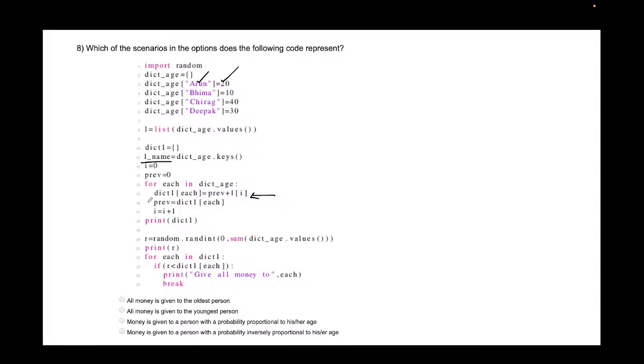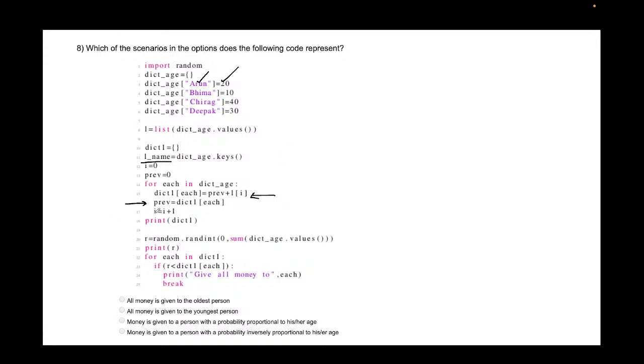And in line 16, this kind of update is done for the previous iteration. So once the first person is done, in the second instance of the loop, the first person's age will become the previous person's age. That is what is defined here. And then the iterator i is increased by 1 for each run of the loop.